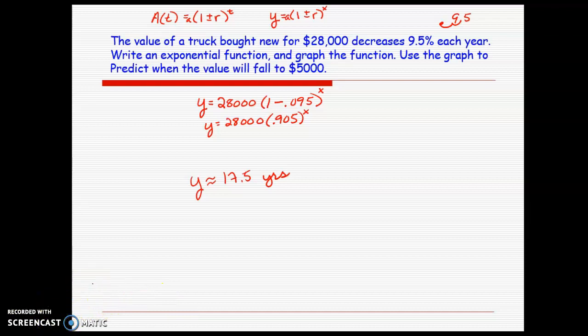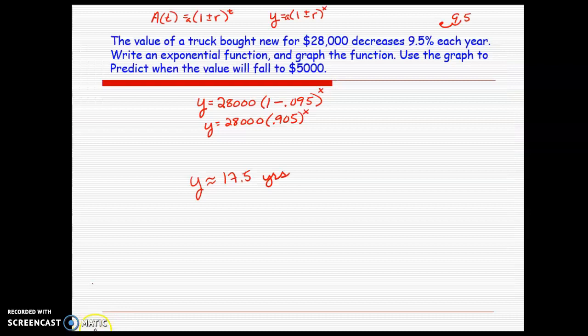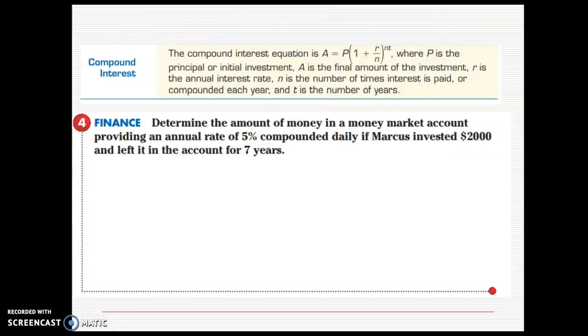So it's not so tough to do that. Like I said, we will be learning later on how to do it so that you get an exact answer. These are just estimations. Okay, compound interest formula is usually what you're dealing with. And this is where you're dealing with a number of times per year that you're getting interest.